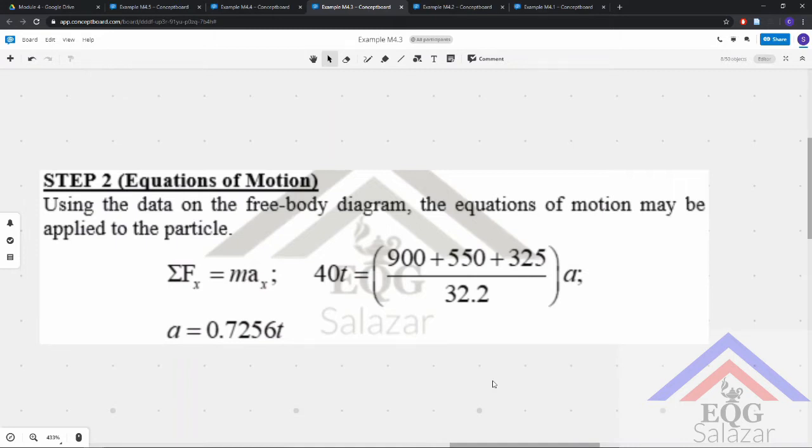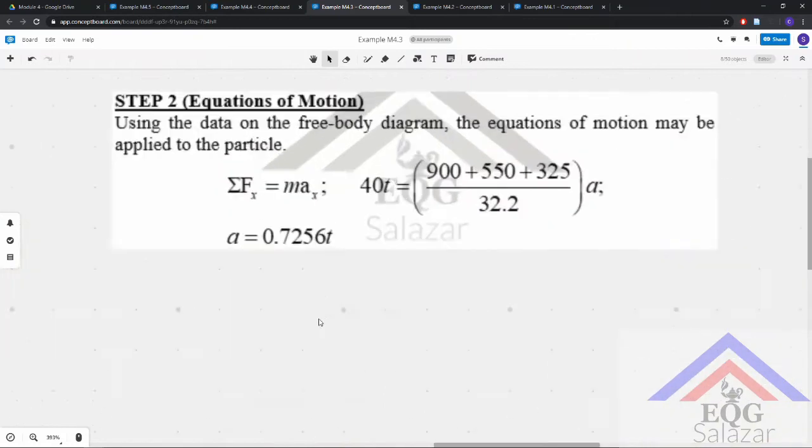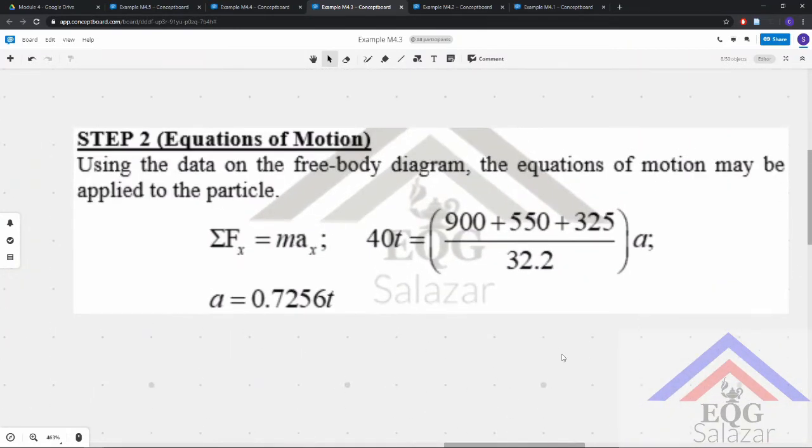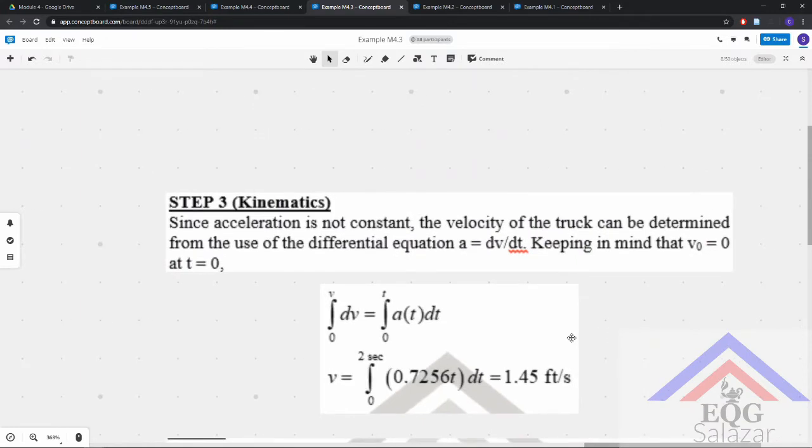Alright, so applying the kinematic equations, we know that acceleration is not constant, and therefore velocity is not constant. So we have to employ the differential equations, or the relations that we derived in the previous modules.